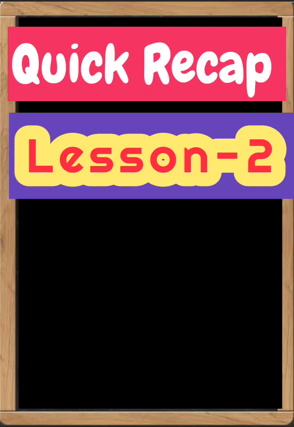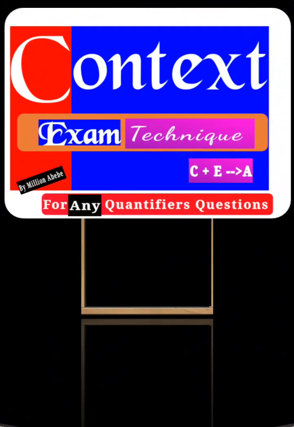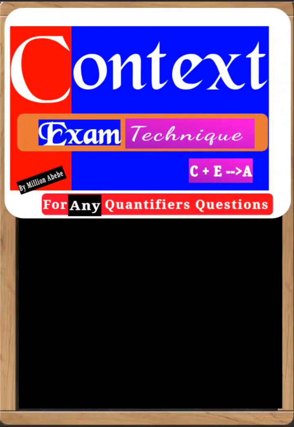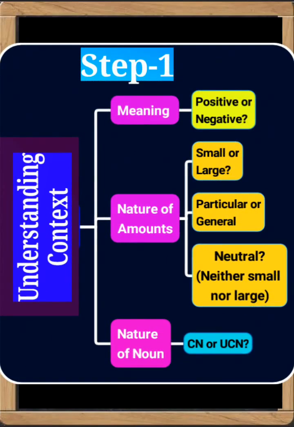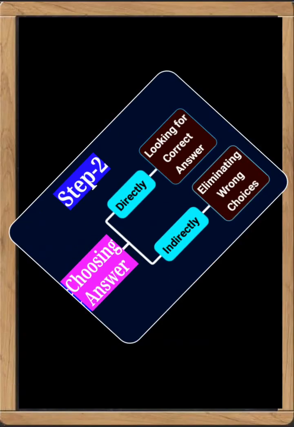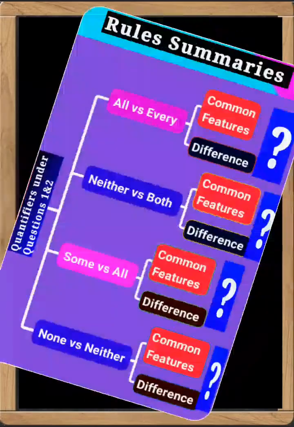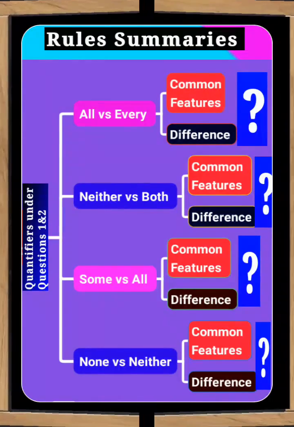Well done. Good job. Dear viewers, we are in the last stage of our explanation, that is, the quick recap. In this explanation, I have shown you how to answer any question about quantifiers using the context technique. In addition to this, I have also given you brief rule summaries for more than 15 quantifiers that have been given under these 6 questions.